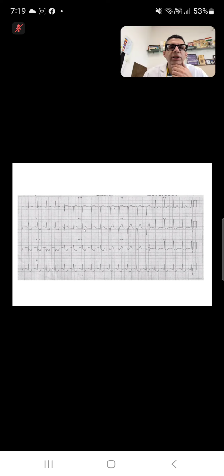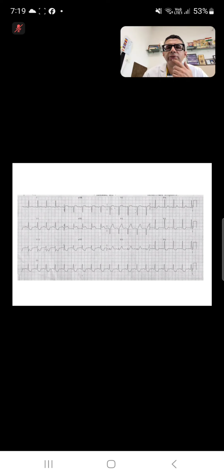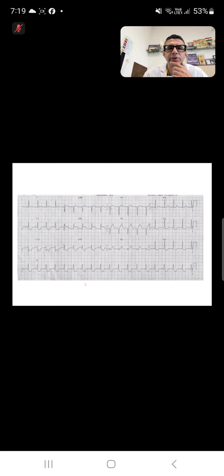Okay, aVL you are not able to see properly, and some leads like V2 we are not able to see properly. But you see in lead 2, lead 1, it is clearly seen. P wave followed by QRS complex, P wave followed by QRS complex. So if you see the rhythm strip, you can see P wave QRS, P wave QRS, P wave QRS. Okay. Yes, sir. What is the rhythm here?